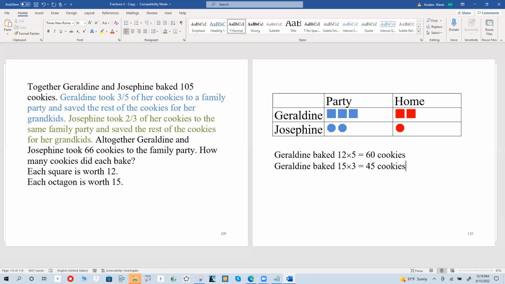That's a good sign. And I can check the whole thing. If Geraldine baked 60, this has to be 36. And let's change the name to Josephine here.